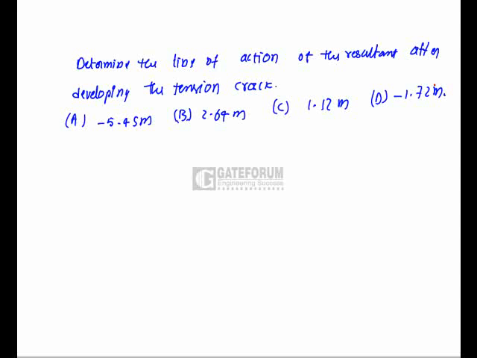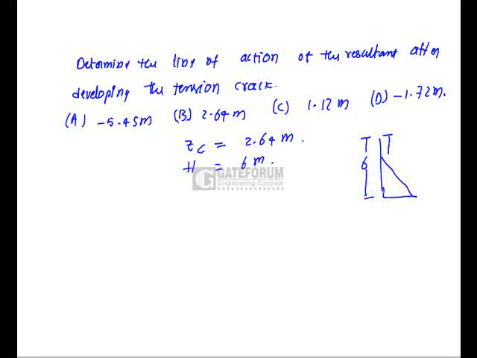Question is, determine the line of action of the resultant after developing the tension crack. We know ZC, the depth of tension crack, is 2.64 meters from the previous question, and H is equal to 6 meters, that is given. The remaining height is H minus ZC, that is 6 minus 2.64, equal to 3.36 meters.